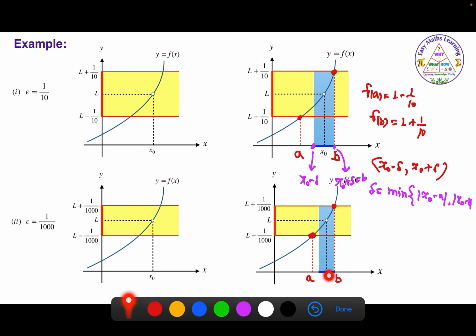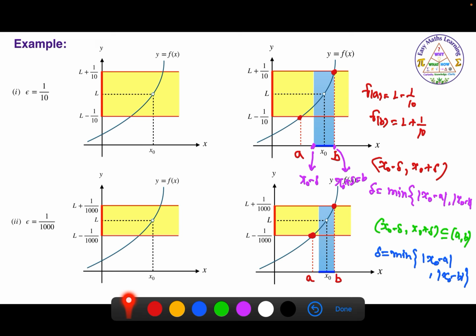Interval AB is not symmetric, so to find a symmetric interval which is inside this interval AB, means x naught minus delta to x naught plus delta is a subset of AB. How to find delta? We write delta is the minimum of the absolute values of x naught minus A and x naught minus B, in a similar way as for epsilon equal to 1 by 10.